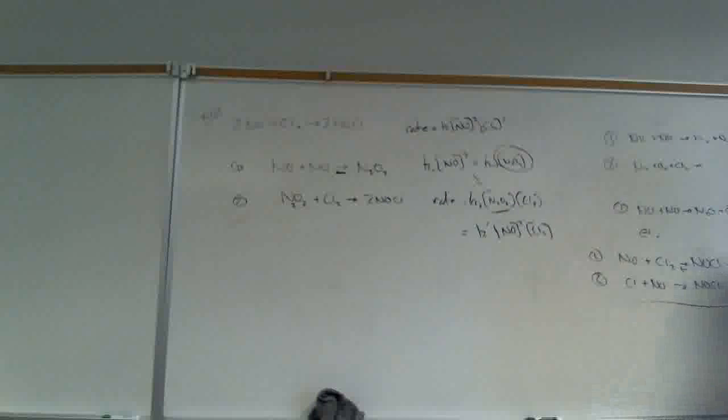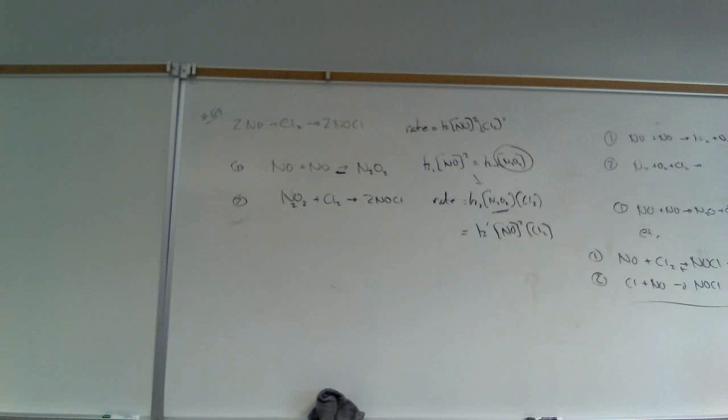So the rate here is equal to k2[Cl][NO]. Cl is an intermediate, so we'll use the fast reversible step here. That is k1[NO][Cl2] is equal to the reverse, k-1[NOCl][Cl]. And then solve for the intermediate, Cl, and substitute.